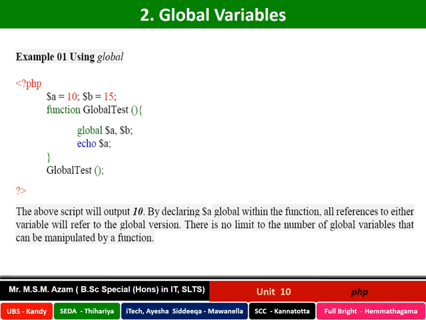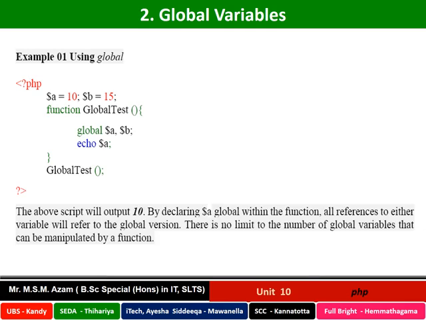Like the previous example, we have declared the variables A and B and the values 10 and 15 are assigned to them. After that, we declare the function called global test. Inside that, I am using the keyword global to access the global variables declared outside this function. They are A and B.